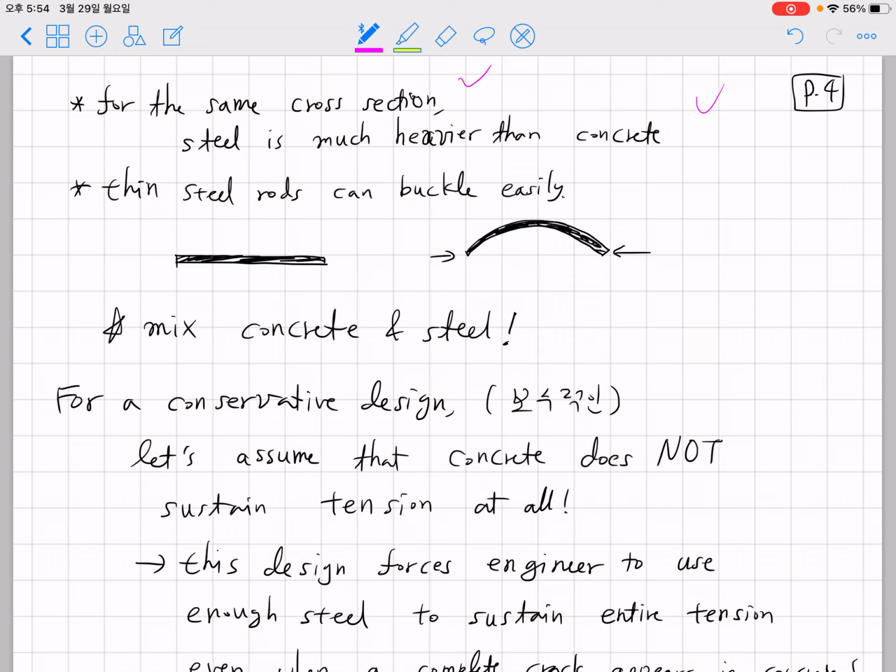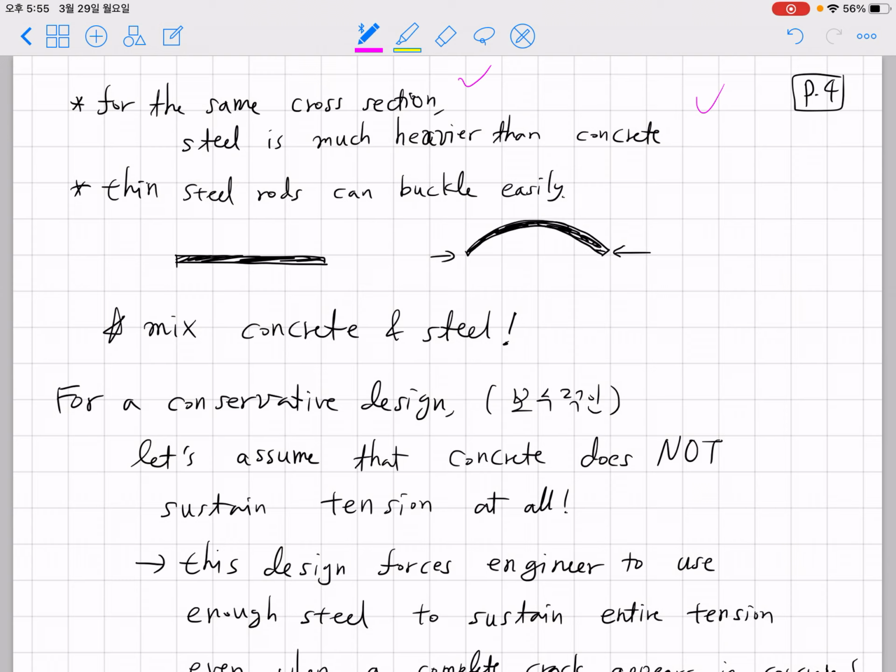However, if we use 100% concrete as in the Roman and Greek buildings, we have to use really thick structure, and we have very little space for windows. If we combine steel, we can reinforce the weak tensile part of the concrete using a small volume of steel.